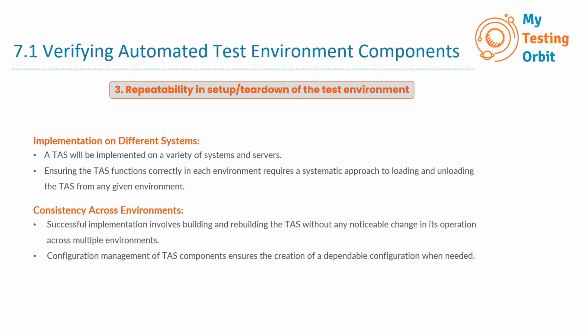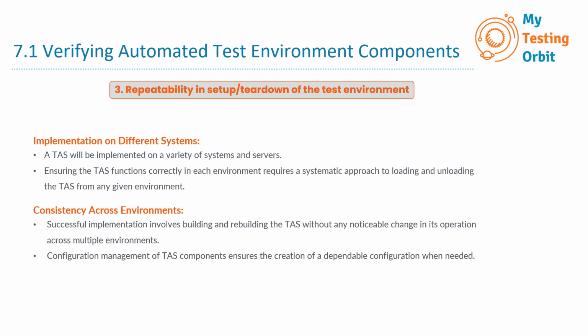The second point is configuration management of TAS components ensures the creation of a dependable configuration when needed. Okay, so configuration management of TAS components is like having a detailed instruction manual or step-by-step guide, just like we have for putting together a piece of furniture. So it makes sure that when you need to assemble the test automation solution, there is a clear and reliable process in place.